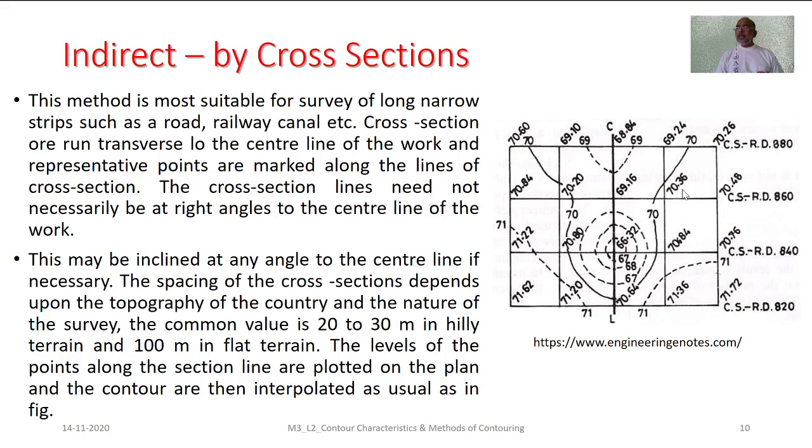We are expected to have the reduced level determined at each of these cross sections, but sometimes if there is some feature placed intermediately which could be affecting the estimation, we can catch its location and accordingly determine its reduced level also.